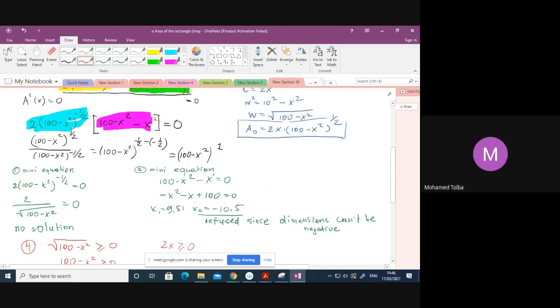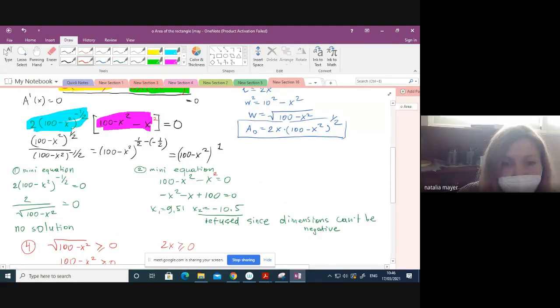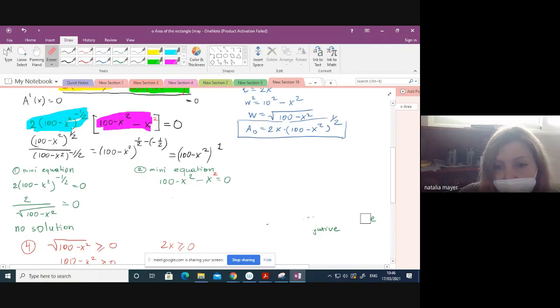Yes. So this should be squared, right? So I'm going to erase this part. So it's negative 2x. From here, it's wrong. Okay, so it's going to be 100 minus 2x squared is equal to 0, right?